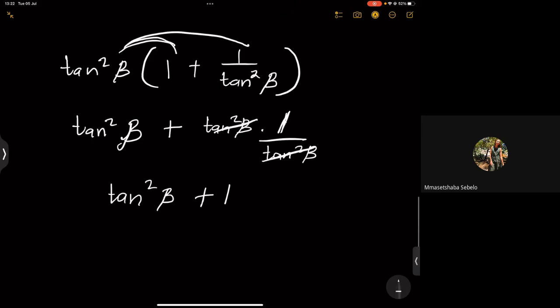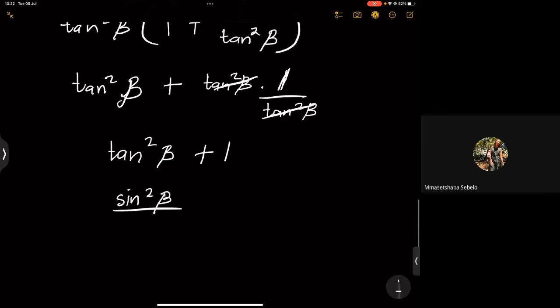Now, of course, what did we say? We resolve everything into sine and cos. So what is tan? Tan is sine over cos, but because we squared it here, it would be sine squared of beta over cos squared of beta, plus 1.